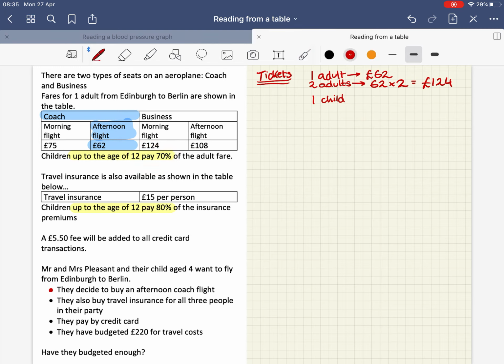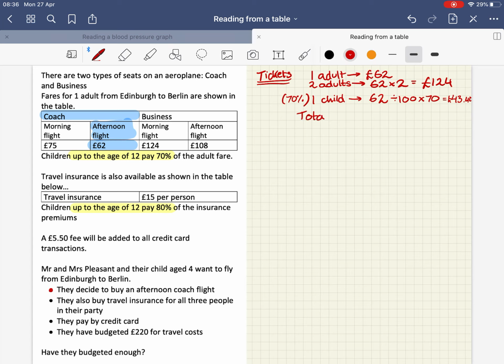Aged 4, that is under the 12 range, so I only want to do 70%. Whatever way you calculate 70% is one of those things where we all have our own method. One of the more straightforward ones I always think of is just dividing by 100 and then timesing by whatever the percentage is. And so that will be £43.40. Got a bit tight there.